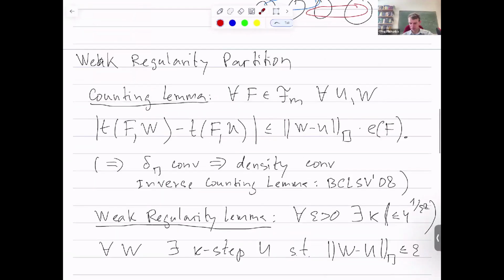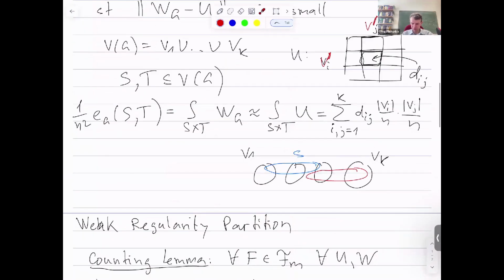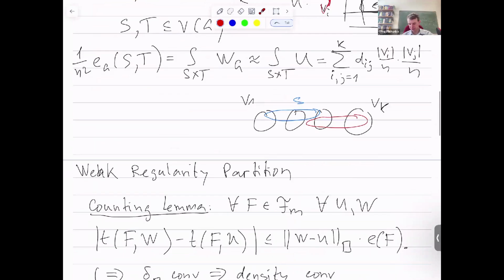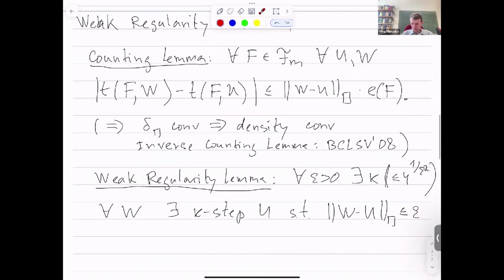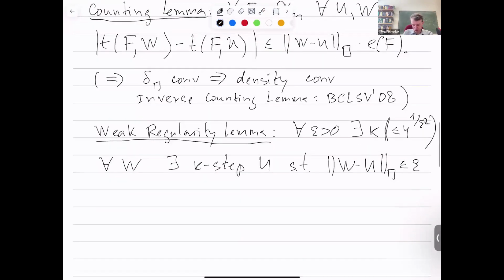For each cut, by this identity which we had before, you can approximate the number of edges across, and then the largest one you can output as a max cut. So that's roughly how algorithmic applications work. And this was a first application observed by Frieze and Kannan, who proved this weak regularity lemma and defined this notion in 99.